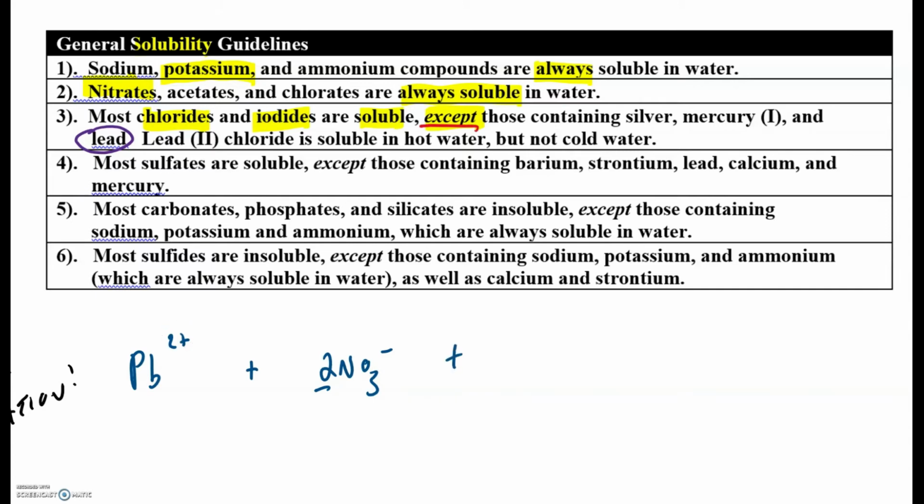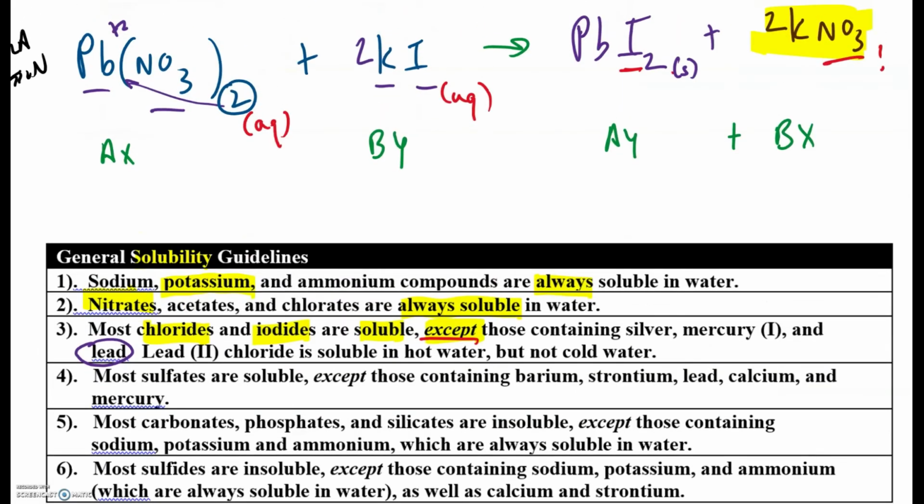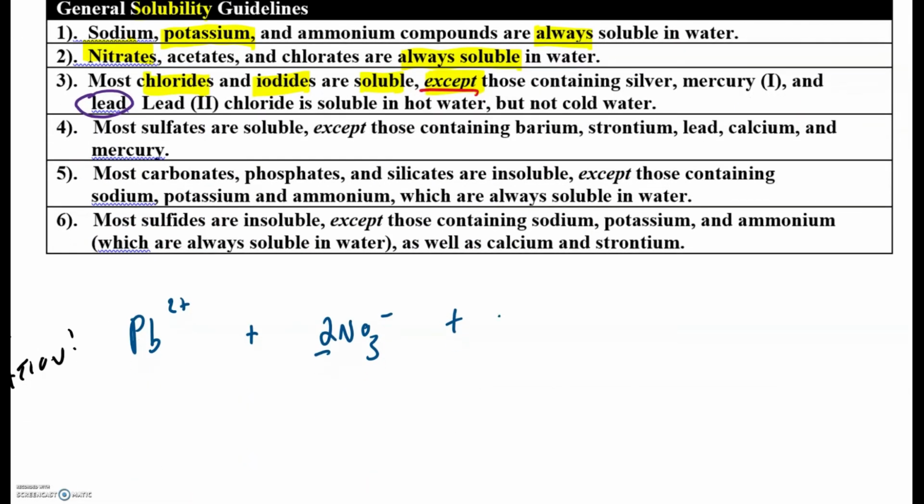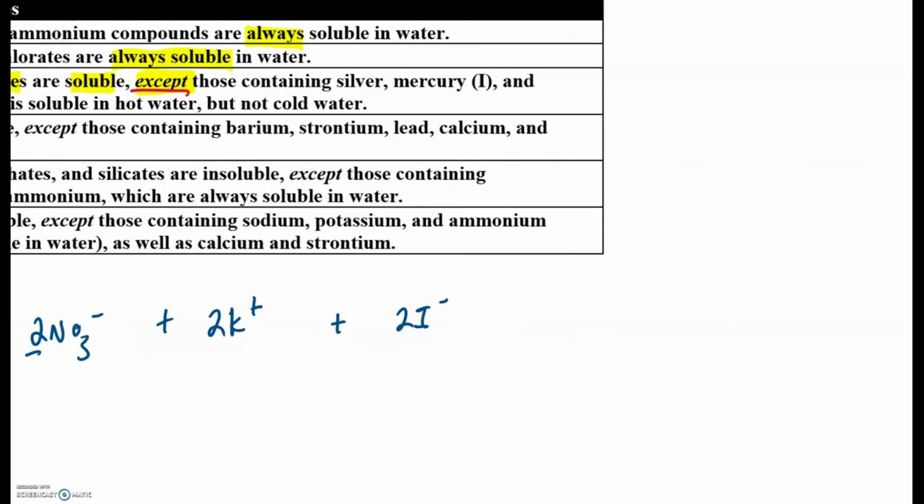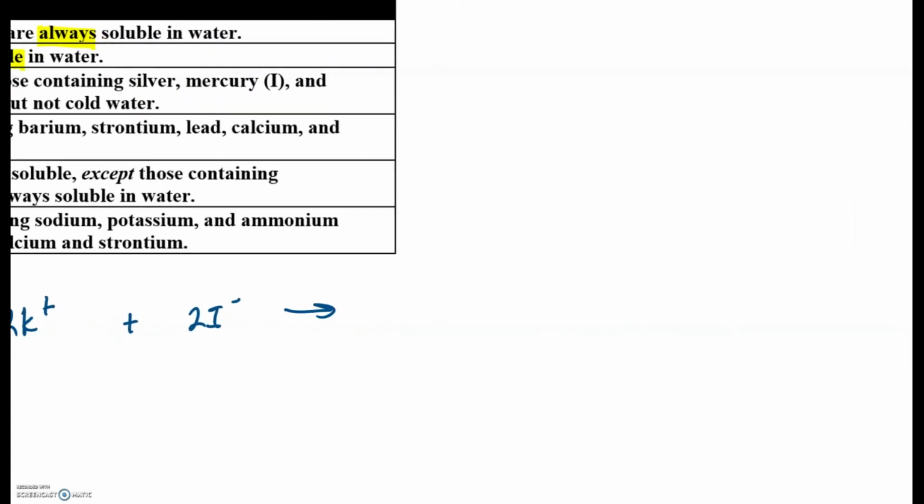We also have, because I balanced this equation, 2 potassium iodides, but they dissociate. That means that 2 potassium iodides dissociate into 2 potassiums and 2 iodines. On the product side, 1 of these products is no longer dissociated.